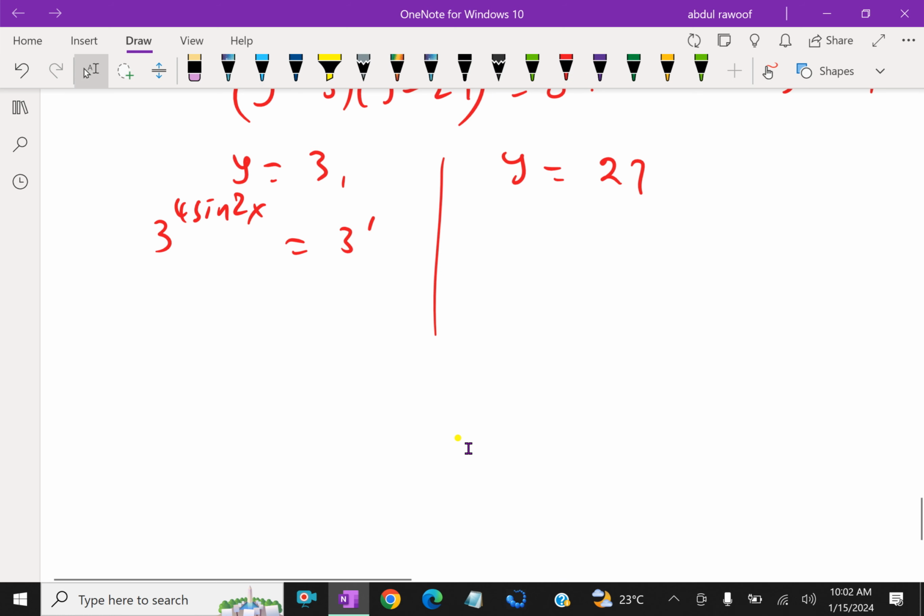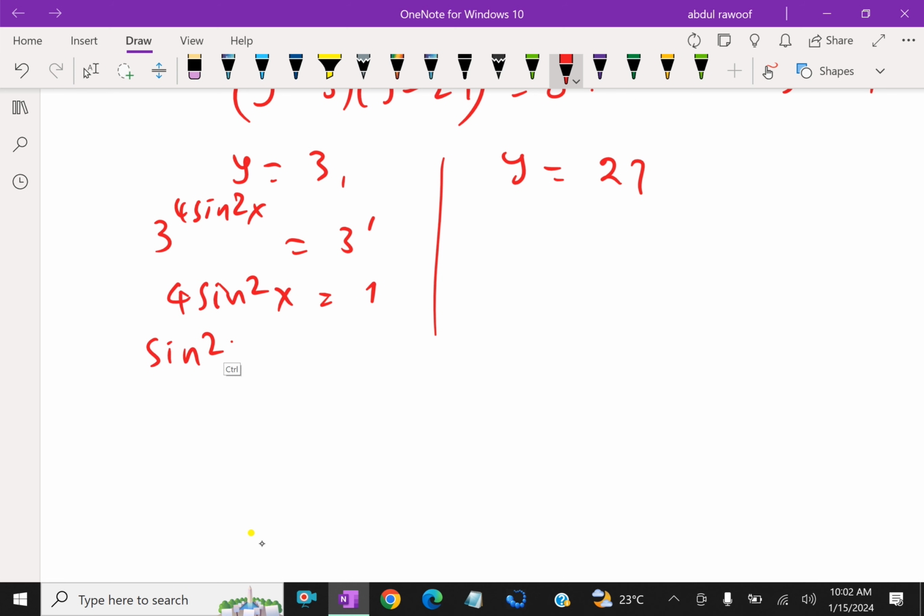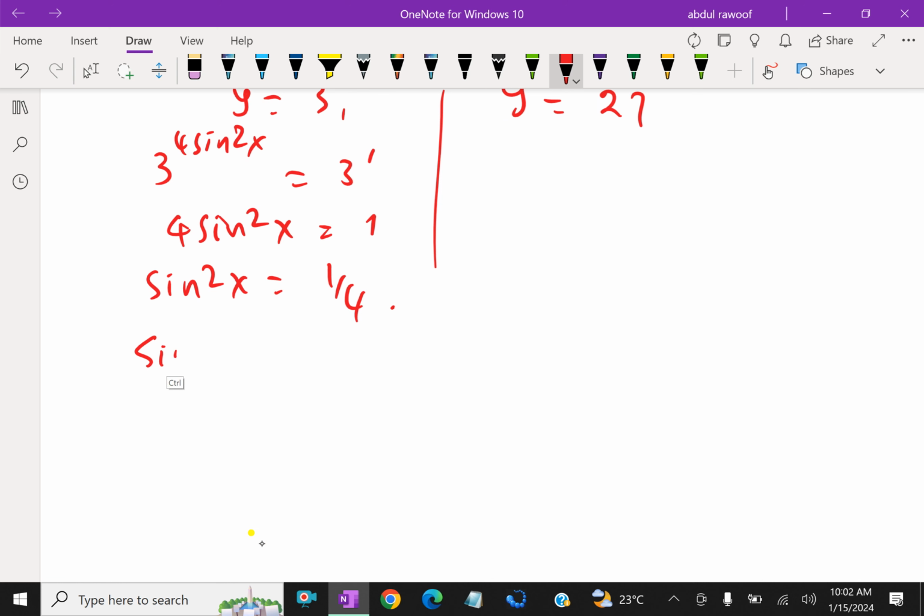Both bases are equal, so equating the index, 4 sine squared x equal to 1. Therefore sine squared x equal to 1 over 4. Therefore sin x equal to plus or minus 1 over 2, since the square root of 4 is 2.